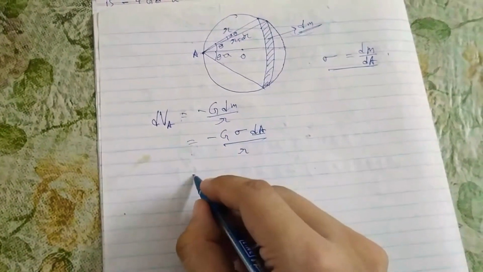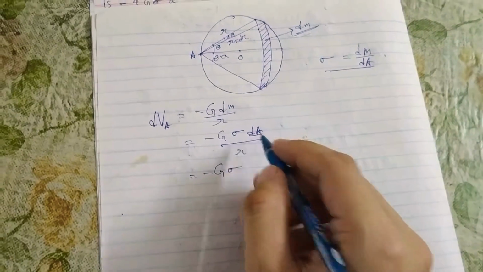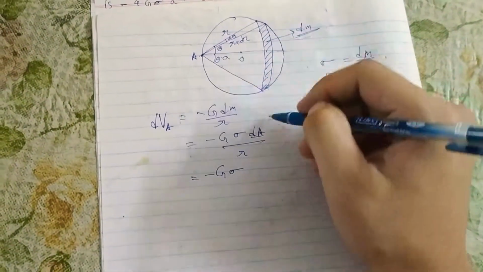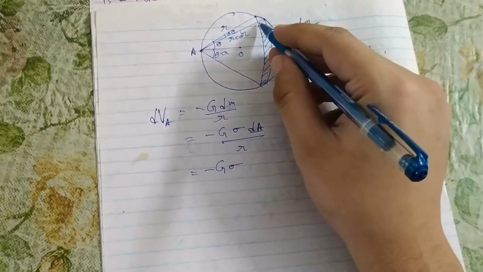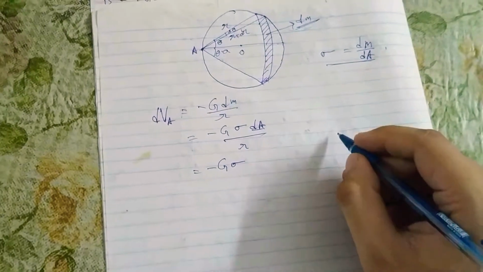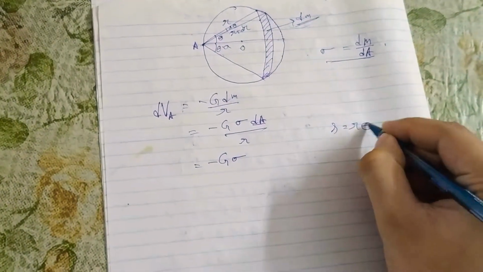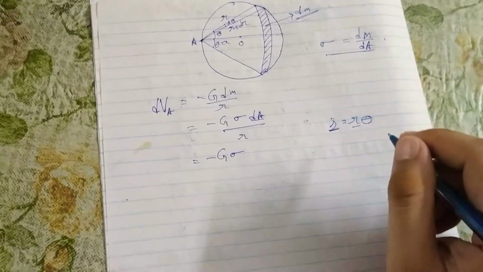Now we can write this dA, that means the area of this strip, that is the arc length into the breadth. So the arc length, from the relation s is equal to r theta, where s is the arc length, r is the radius, and theta is the angle.